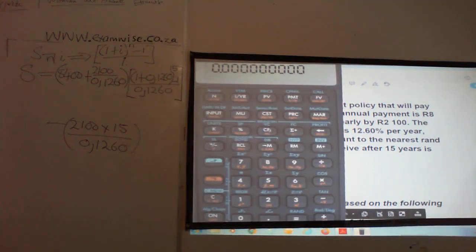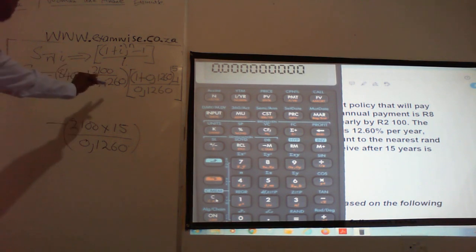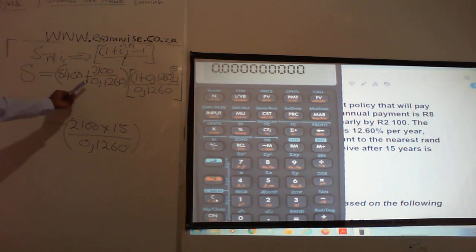So let us go to our HP calculator. I hope you already cleared the memory on your side. So we are starting with this one, and if you still remember, I said as long as we have a fraction inside the brackets, let us start with the fraction.